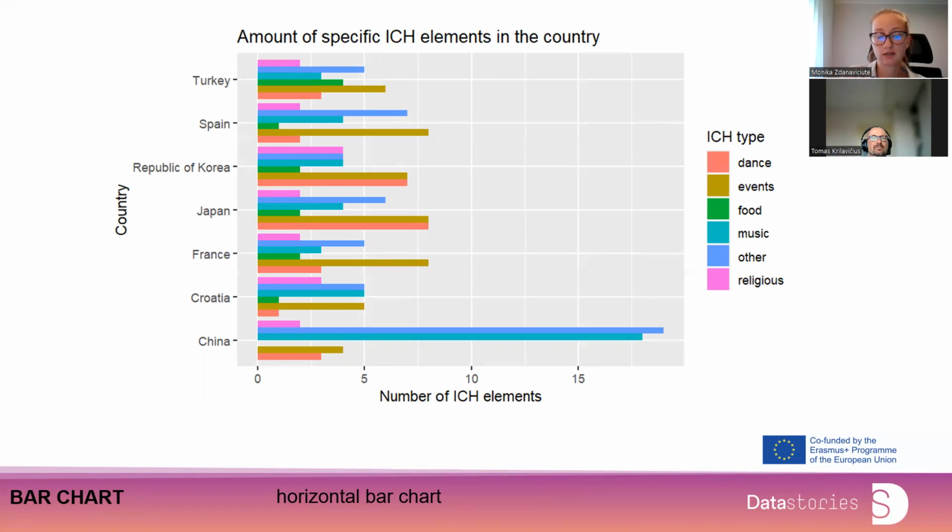So that means that China has a lot of ICH elements that are not assigned to any of these usual ICH types. And also we can see that a lot of countries have this brown bar highest, which means that in these countries there are a lot of events, intangible cultural heritage elements.